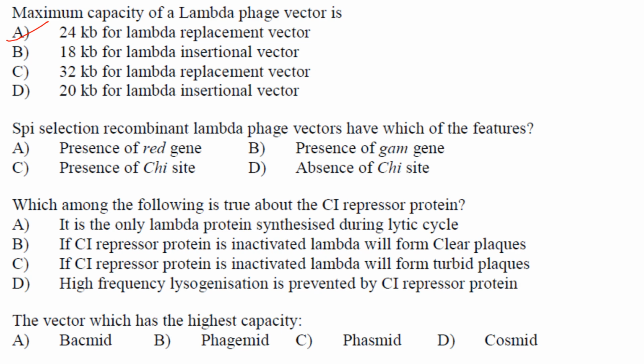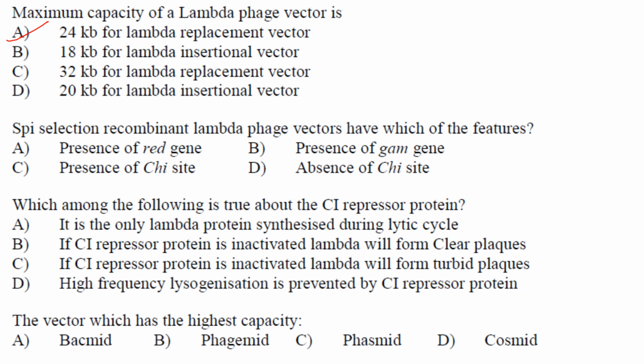Now when you remove the stuffer fragment in the insertion vector and insert foreign DNA fragment in place of this stuffer fragment, the phage becomes insensitive to P2. That means the recombinant phage can grow on an E. coli host carrying the P2 prophage, whereas the non-recombinants cannot grow. Okay, so that is Spi selection.